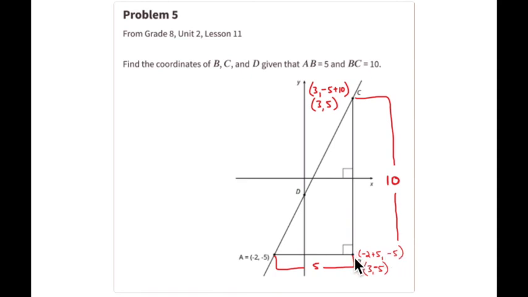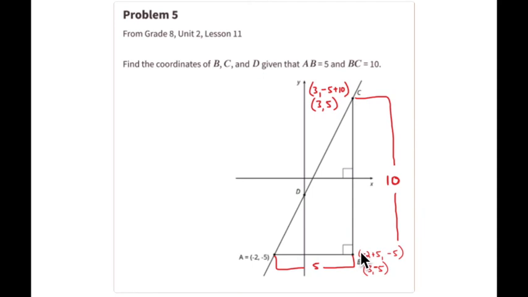We know that we're starting here at -5, so it's -5 plus this 10 units to get to C. Well, what's -5 plus 10? So -5 plus 10 is equal to +5. So 10 minus 5, or 10 plus a -5, is equal to +5. So the coordinates of point C are 3, 5.